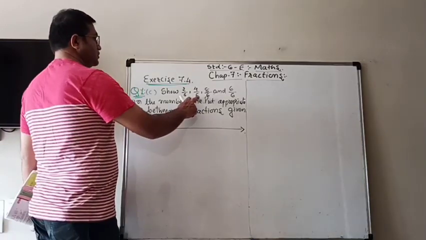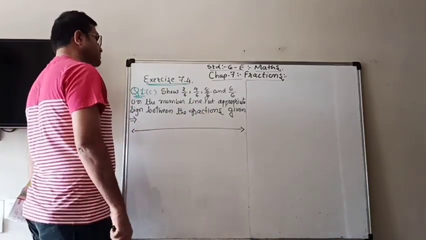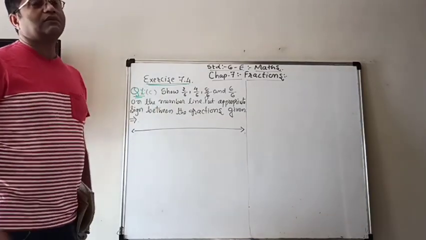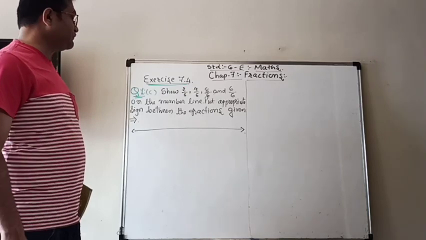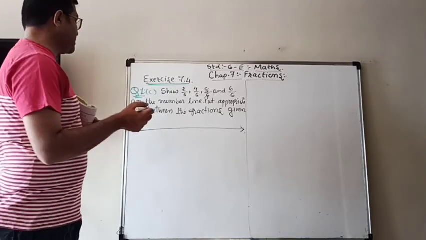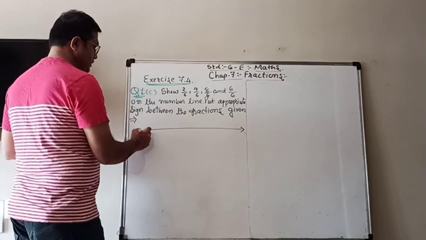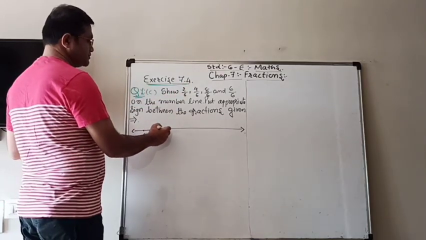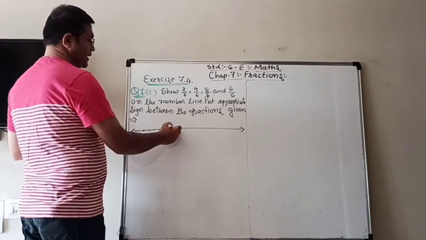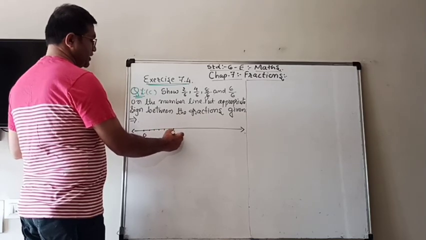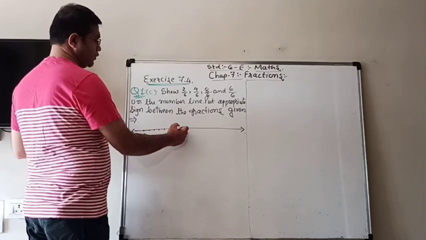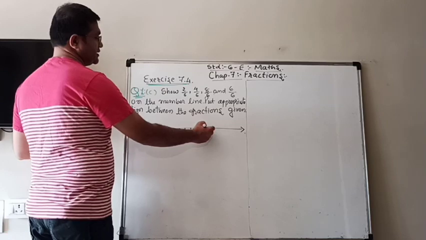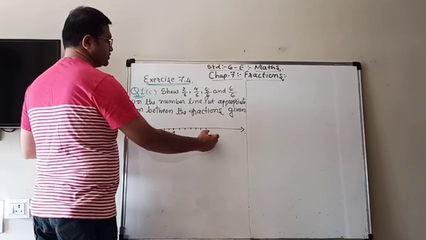Now here you can see that some of them have a value more than 1 also, and therefore we have to start from 0 and make 6 equal parts: 1, 2, 3, 4, 5, and at the 6th part you write down 1, then again 1, 2, 3, 4, 5 and 6 equal parts, and you put 2.